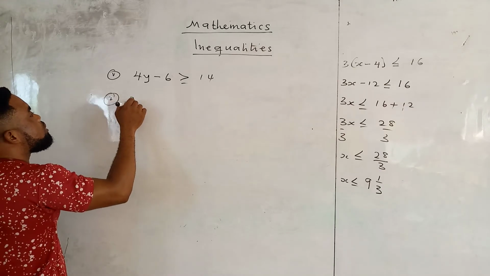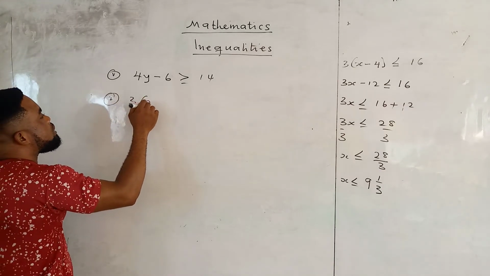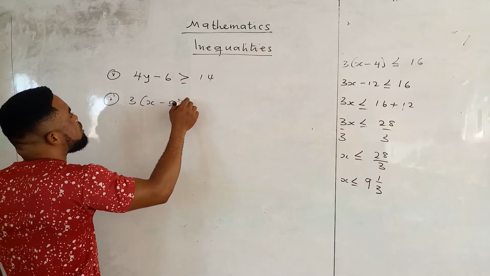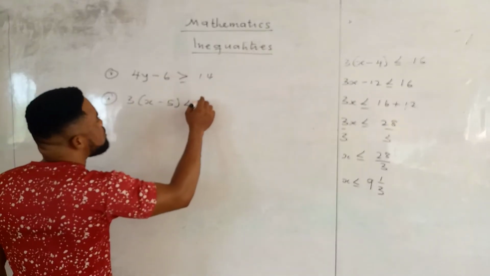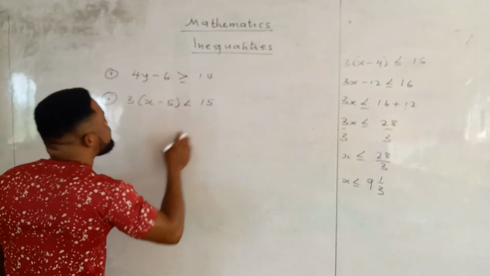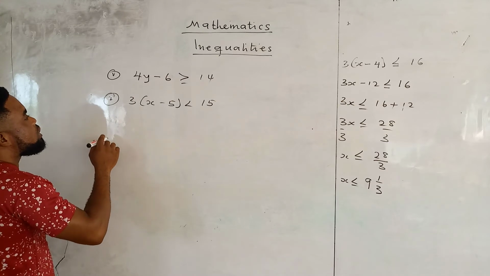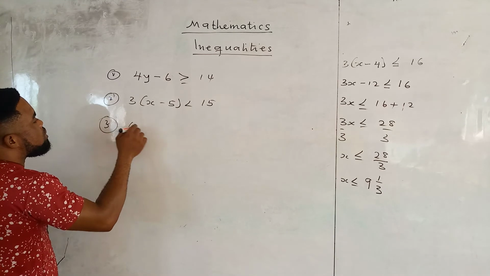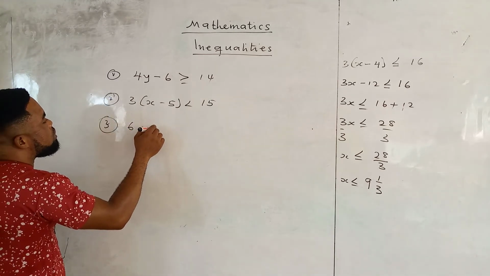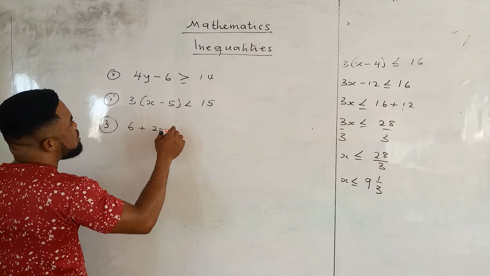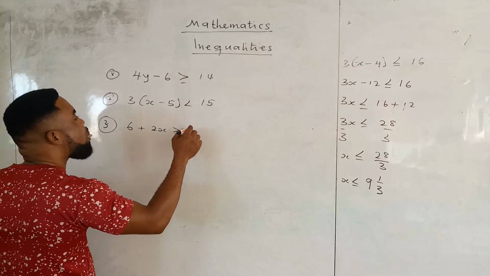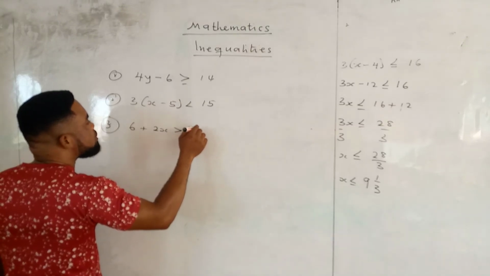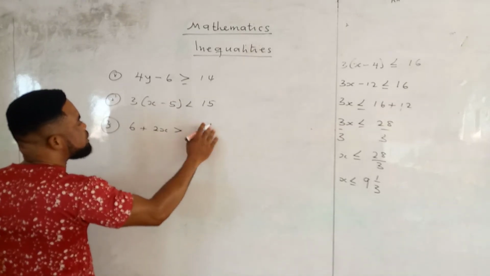Number 2, 3 into bracket x minus 5 less than 15. Number 3, 6 plus 2x greater than 20.